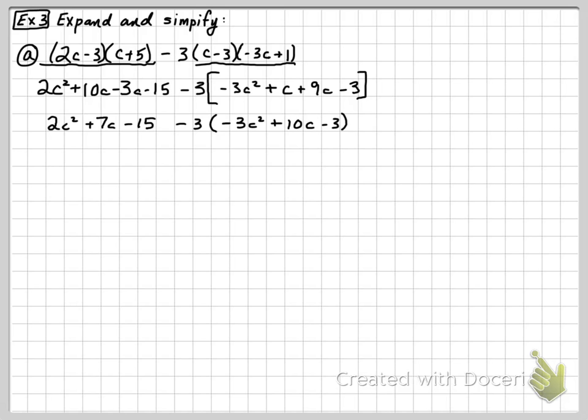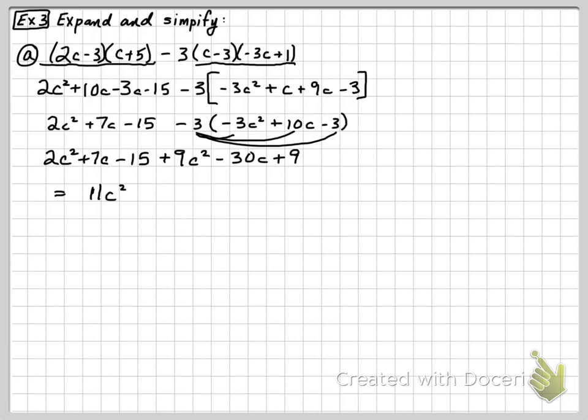And now we're going to distribute the negative 3 to all three terms. This is where we have to be careful. Now, when we do this, you're going to get 2c squared plus 7c minus 15 plus 9c squared minus 30c plus 9. Then that's going to be equal to 11c squared minus 23c minus 6.